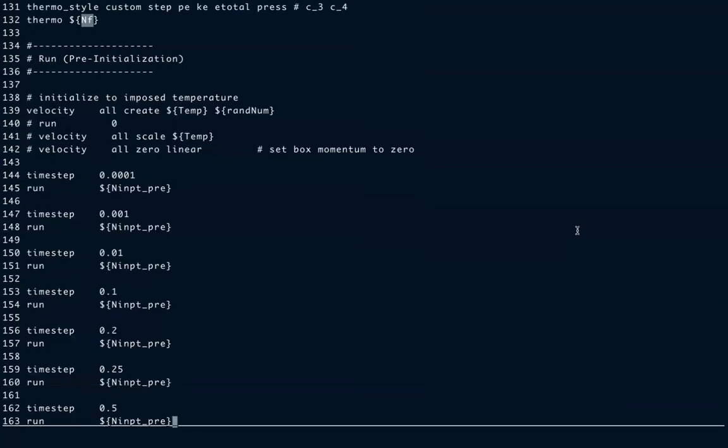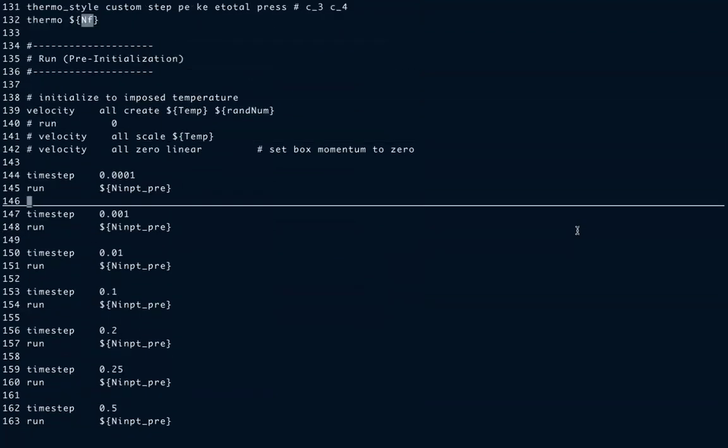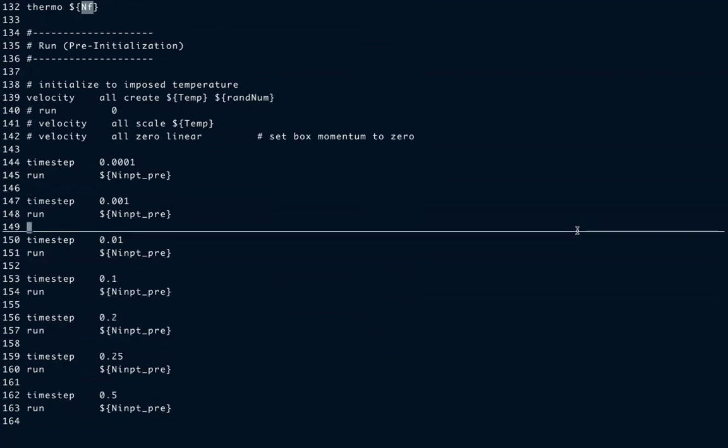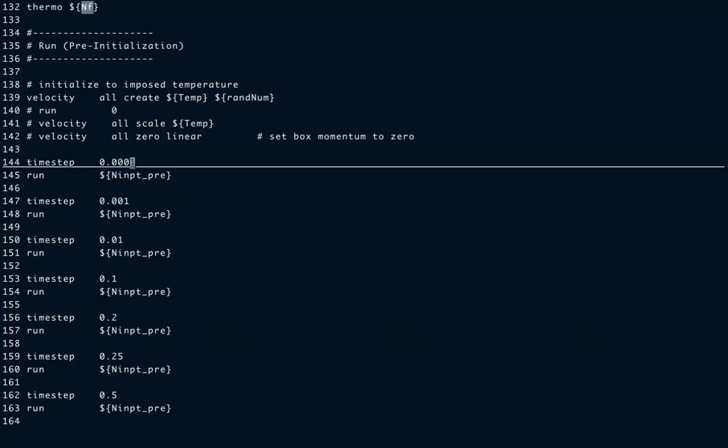Usually for molecules having rigid bodies, the safest choice is to go for a time step of 0.25 or 0.5 femtoseconds. So in view of that choice, we have chosen a time step of 0.5 femtoseconds.